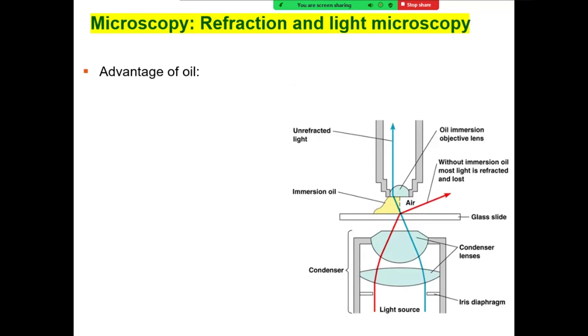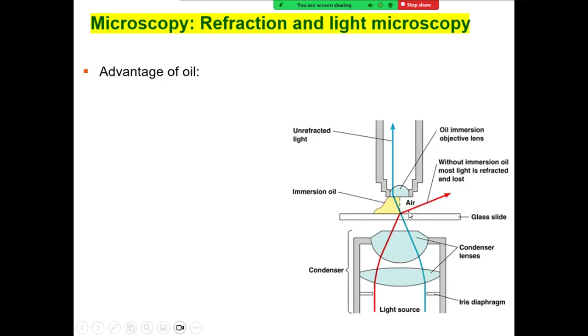All right, the refraction of light is one of the reasons why we use oil with the oil immersion lens. Oil has the same refractive index as glass, so when light leaves the glass and enters the oil, it will not refract or bend.